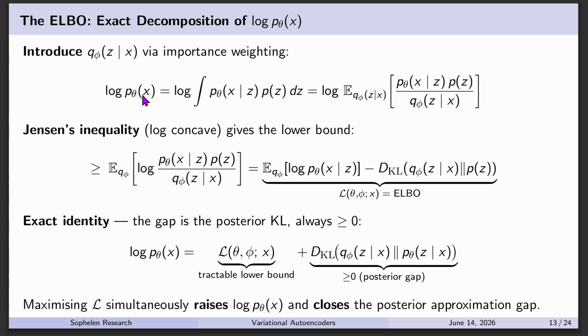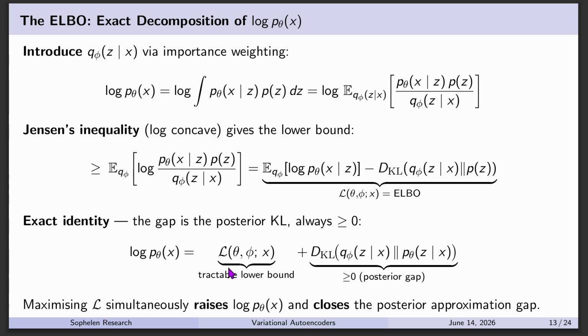So what we do is introduce a different density function that is more tractable, one that we can construct using machine learning, and that's q. Using the fact that log is concave, we can use Jensen's inequality, and we have this nice equation here. This is the evidence lower bound. The gap between the log of p of x and the evidence lower bound is the KL divergence of the posterior.